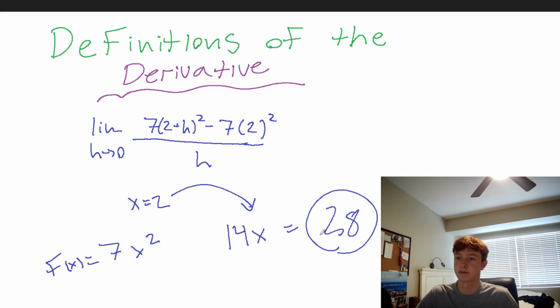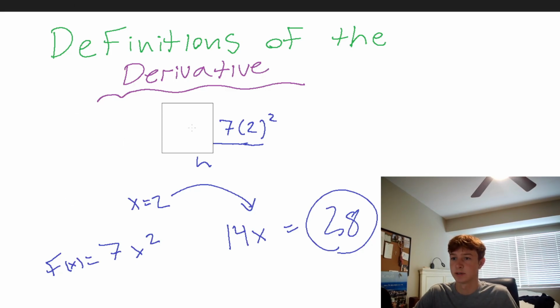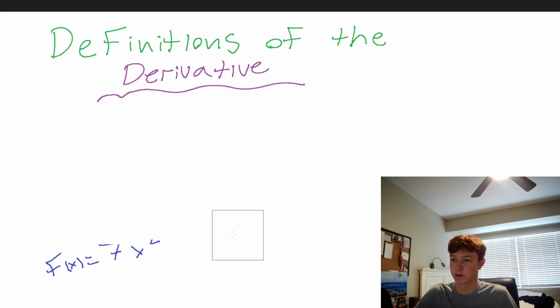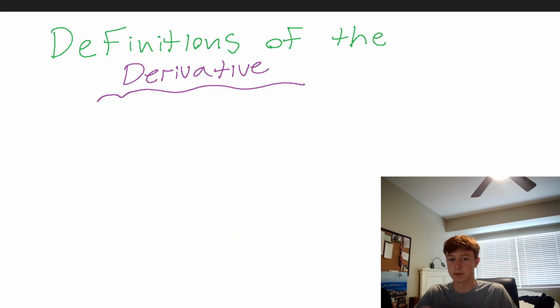It's the same thing for any other definition. You just have to understand where things are, and you have to be able to identify when you're seeing them. I'll show one more example.